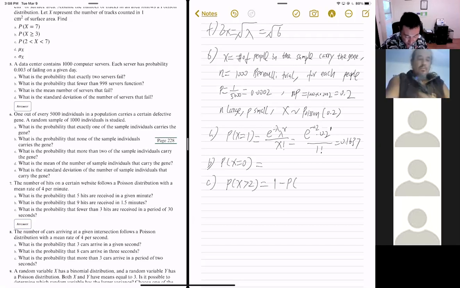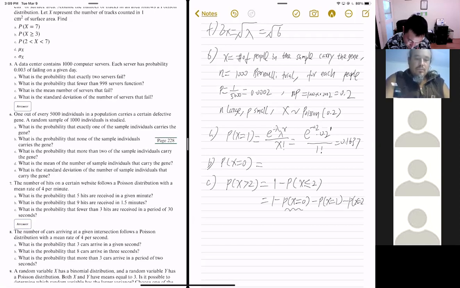So P(X larger than 2) is equal to 1 minus P(X less or equal to 2). Don't forget the equality line. So that is equal to 1 minus P(X equal to 0), don't forget X could be 0, minus P(X equal to 1), minus P(X equal to 2). Again, pay attention to the equality line here.